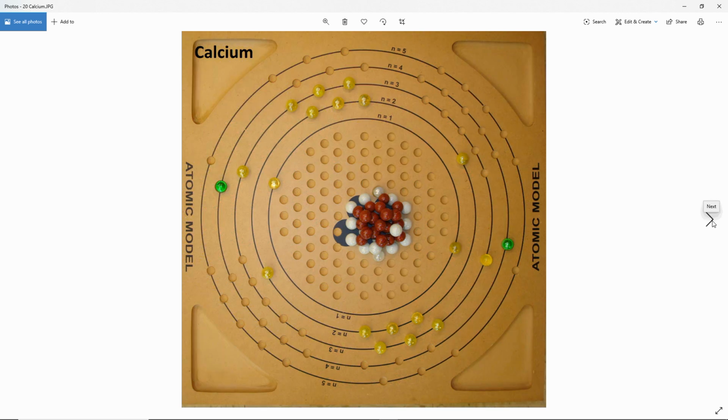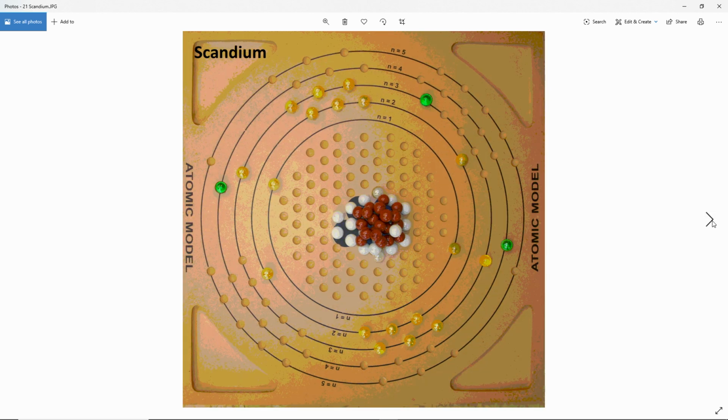Now see something interesting. Now scandium, the next one in the periodic table. This one you see 2 in number 4. Then the new one comes to number 3. Why? Because now number 3 is not the outer shell anymore, so electrons can fill in.